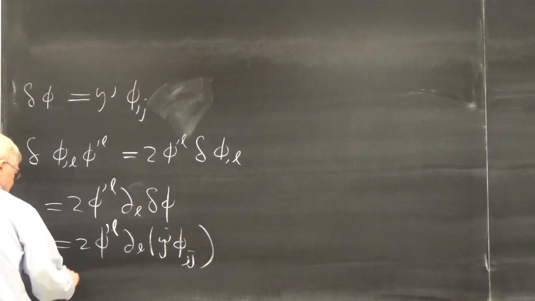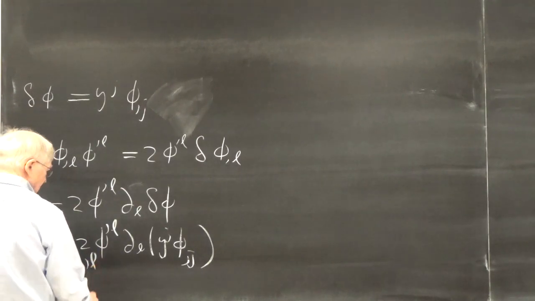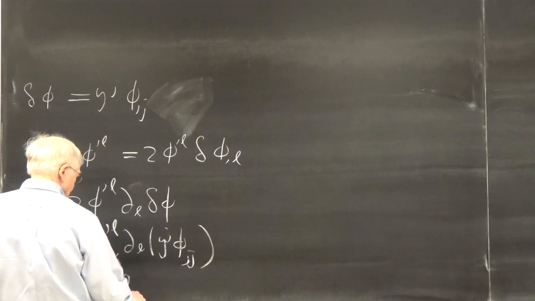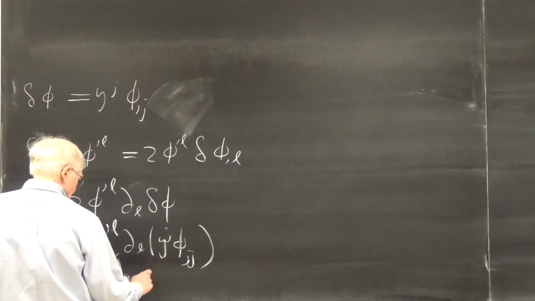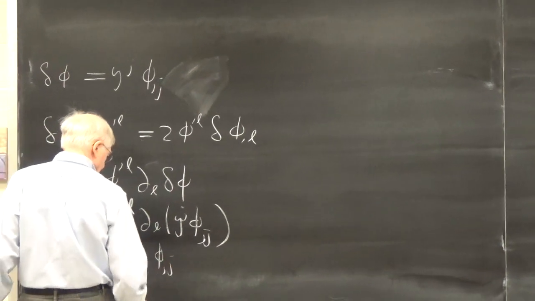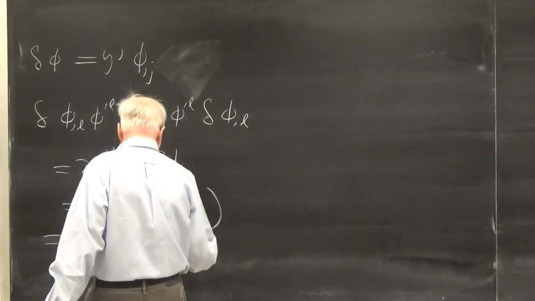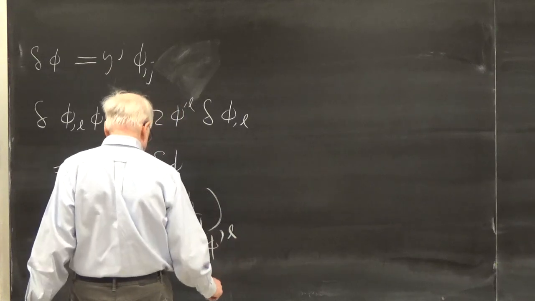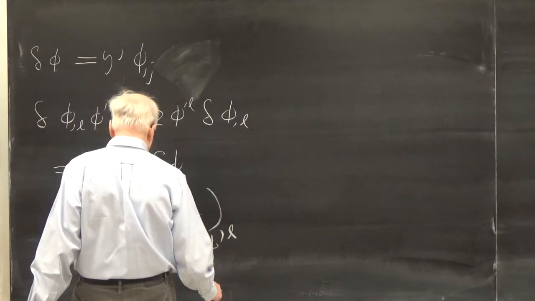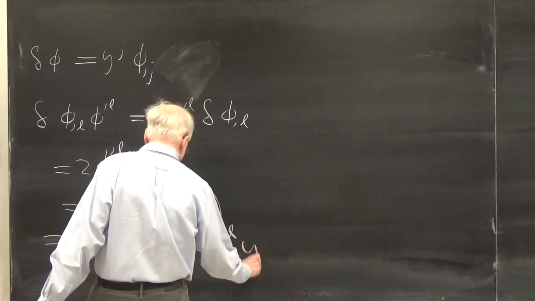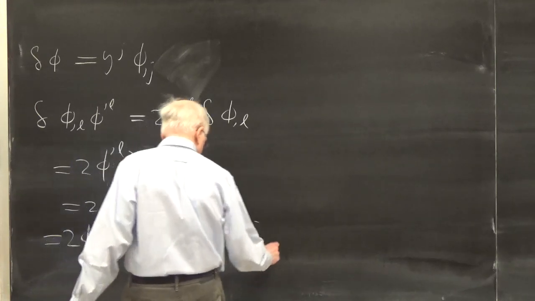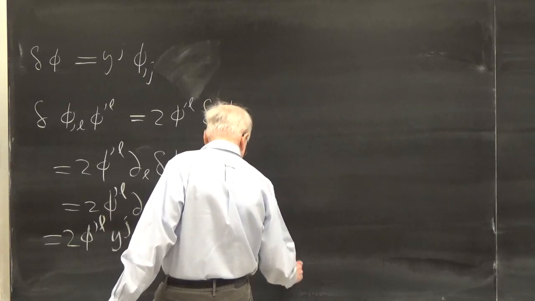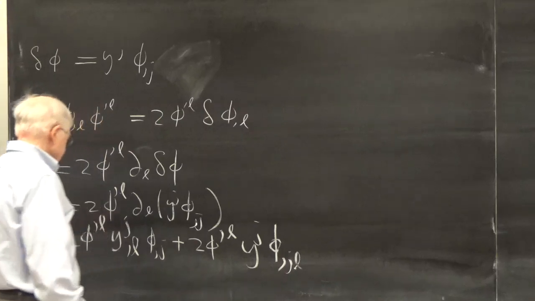And so this is 2 phi comma L, y^j comma L, phi comma j, plus 2 phi comma L, y^j phi comma jL, so two derivatives.